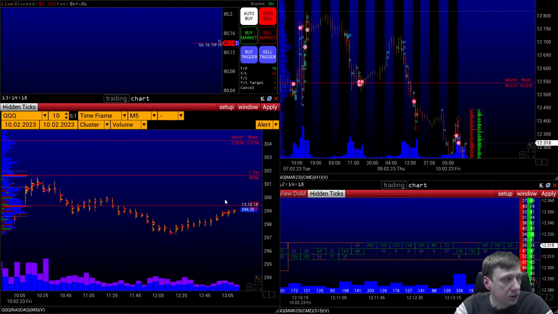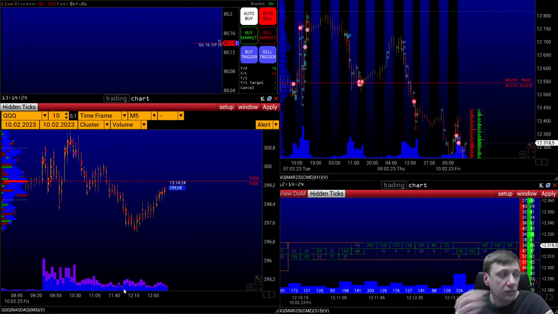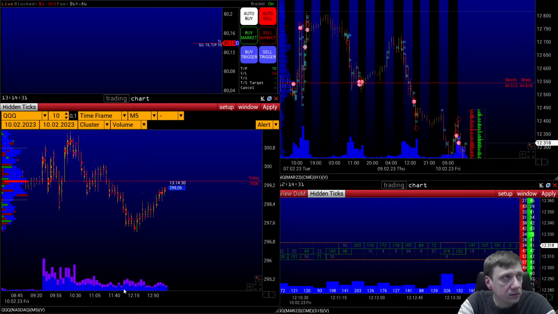Yeah, the volumes are big on QQQ. But I don't think there is a big difference, I mean, not in the amount of volume, but in their size comparative to each other. Because I'm not looking for numbers when I trade.